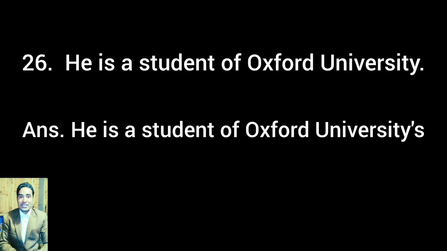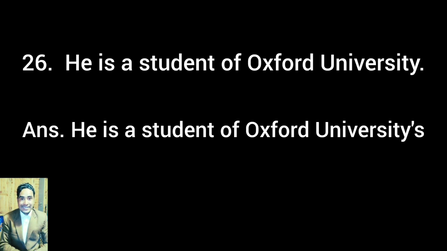So same question over here. He is a student of Oxford University's students. You will have to consider that after apostrophe S, we need a noun. After the of structure, we use a plural noun.